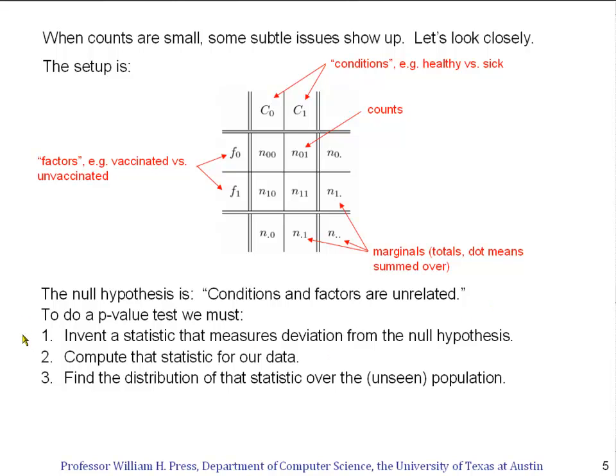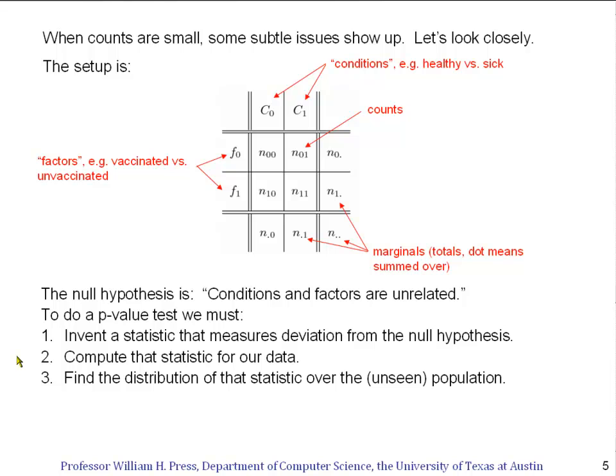We, number one, invent a statistic that measures deviation from the null hypothesis. We're very firmly in the frequentist camp here when we're doing contingency tables, so we're allowed to invent any statistic that we want. But there are some statistics that are more sensitive than others, and there are some that have been honored by history and have become a common language of contingency tables more than others, so we'll generally use statistics that are well known.